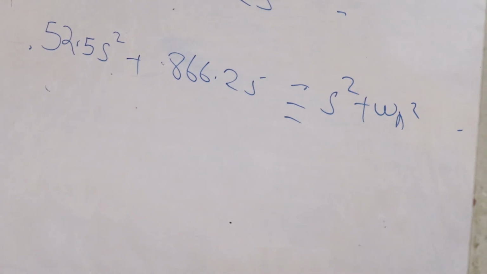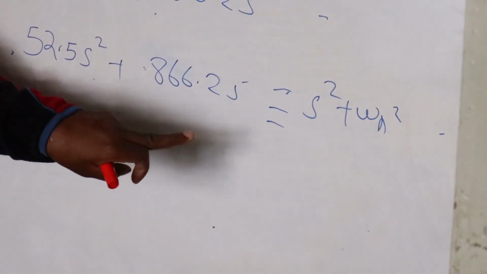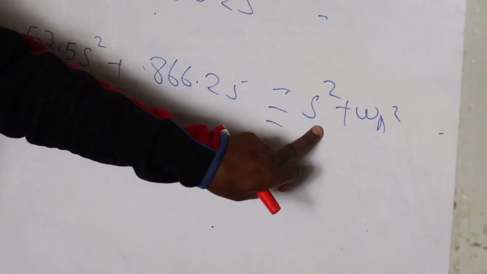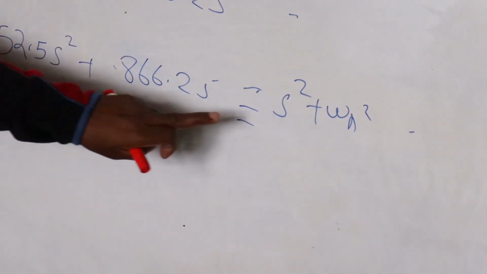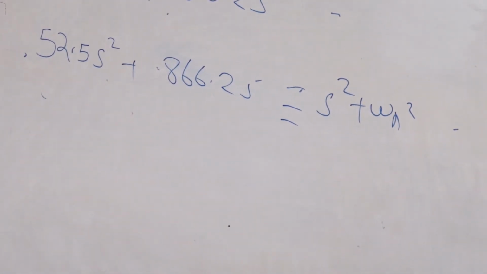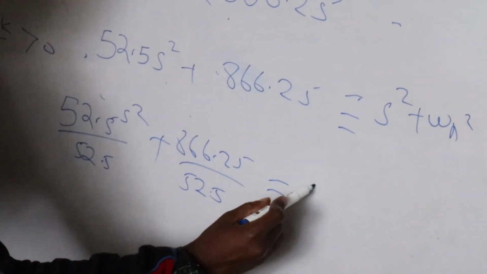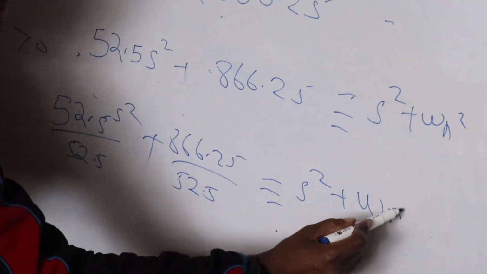So before you compare, you must ensure that everything is divided by 52.5, so that this one is S squared and that is S squared.